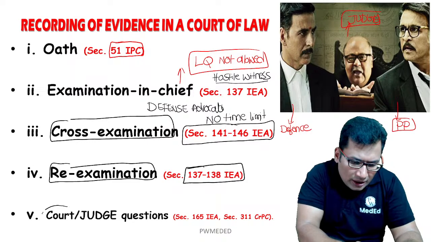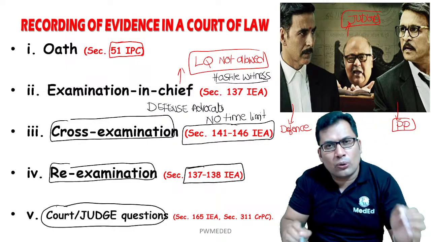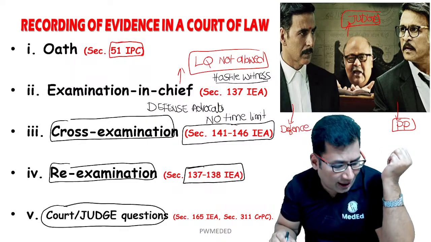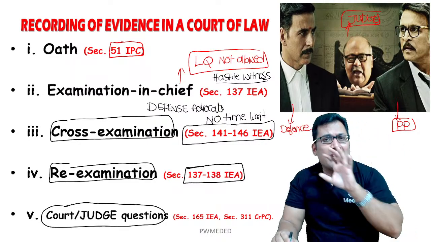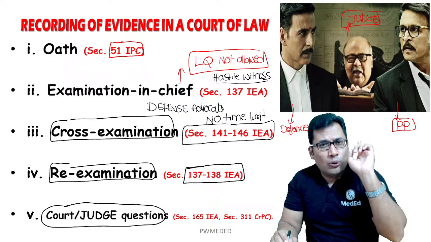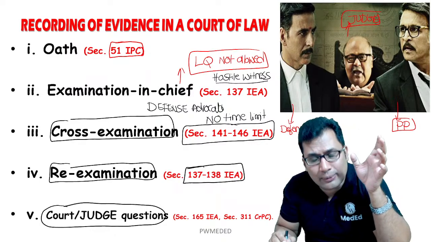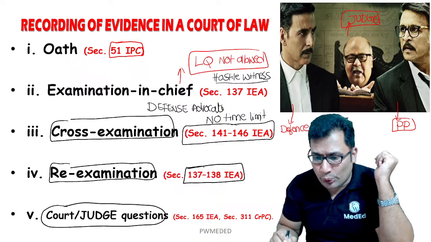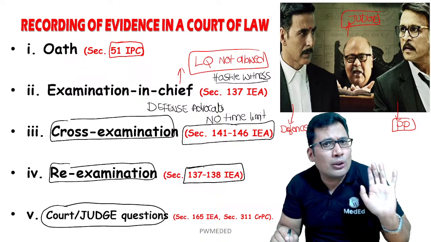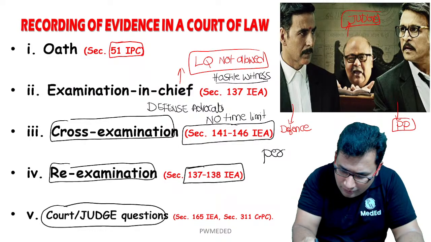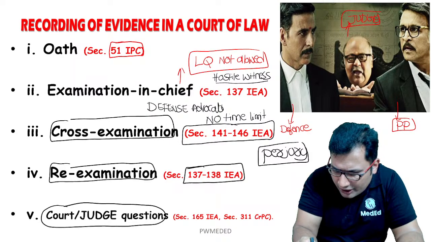Lastly, court or judge questions. The court or judge can ask questions at any time of the trial. So these are the 5 steps of courtroom procedure: oath, examination in chief, cross-examination, re-examination, and lastly the judge's questions. One very important topic you must know here is perjury. This is very commonly asked in your FMGE.